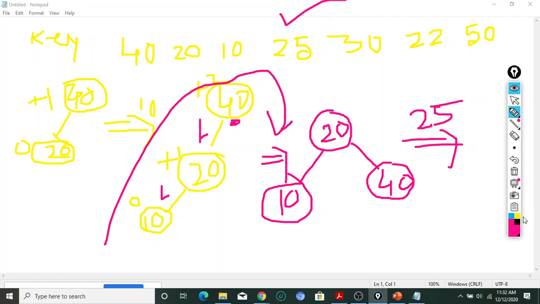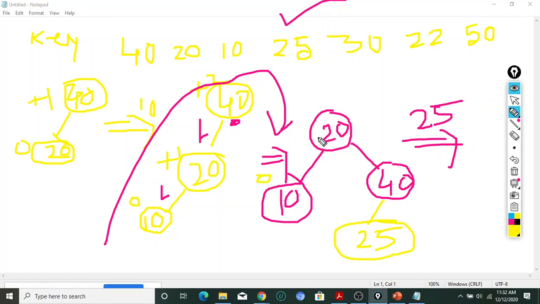In your exam you have to perform step by step, not in a single step. If I add 25, I compare with 20, it is greater, then compare with 40, it is less, so it will be added here. Now again we check the balance.